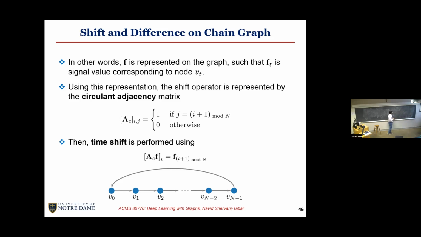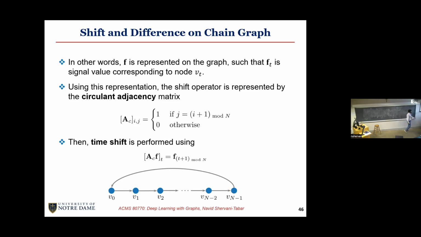Now, using this, we can perform time shift, meaning that we can shift our data in the domain that we have, which is representing the time domain here, by applying this circulant adjacency matrix on our signal vector f. It is just a matrix-vector product. We have A_C multiplied by f, and that's going to give us a shifted signal.